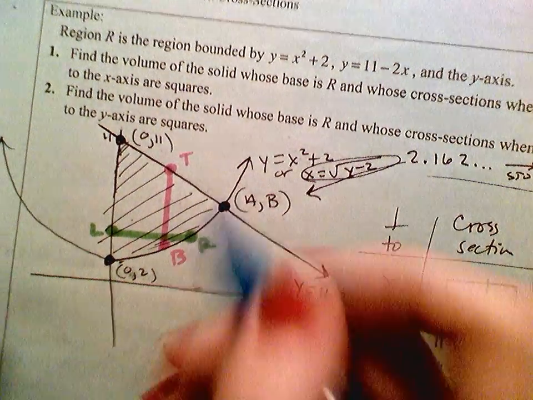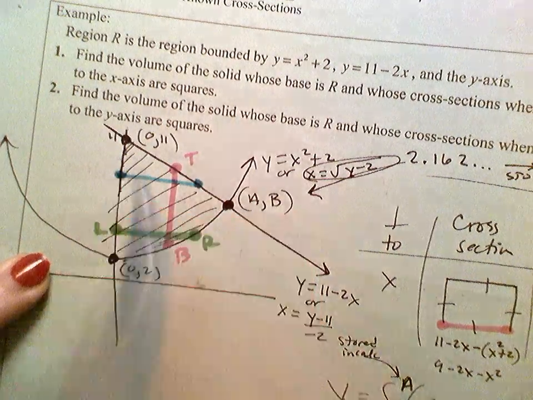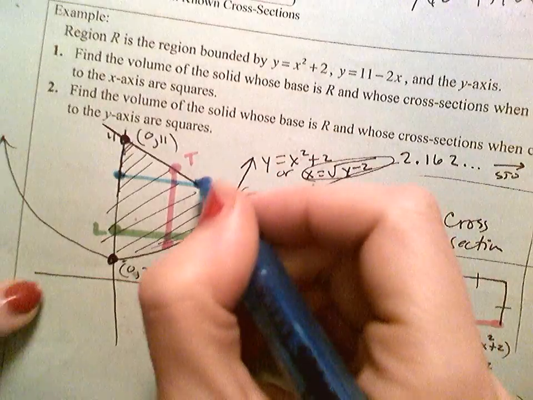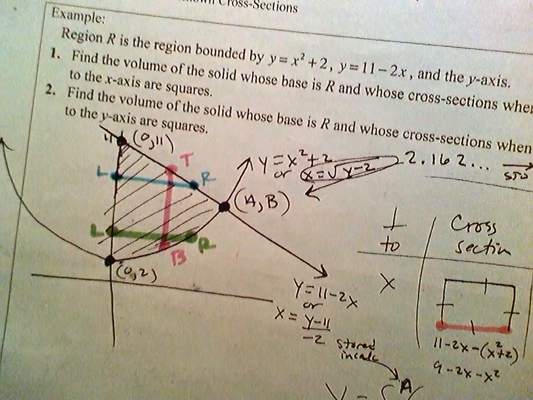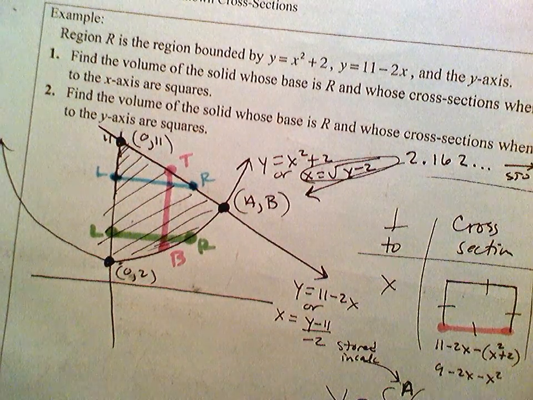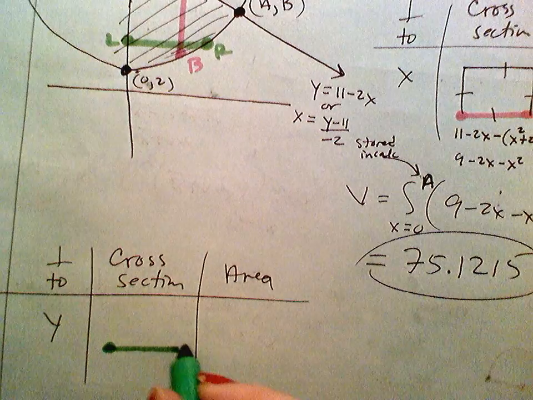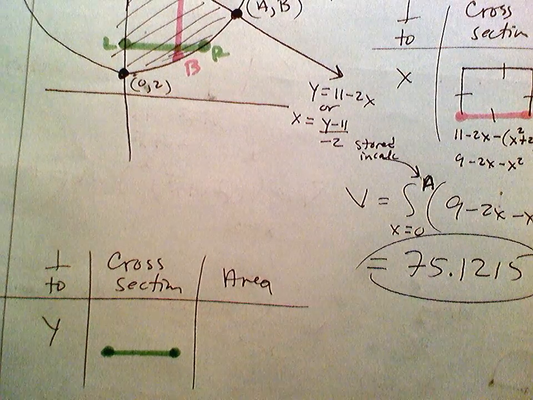So I'm actually going to need two integrals because up here the base of that cross section is going to be the line minus the y-axis, which would be 0. Down here in my chart, for my first cross section, there's that green line that I've just transferred.